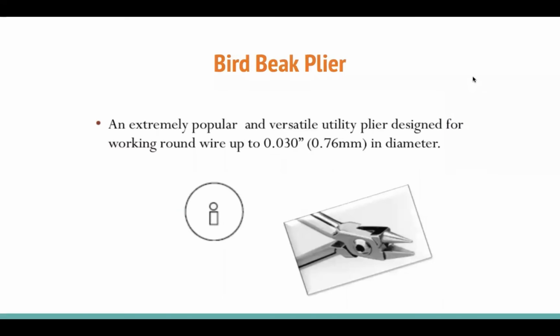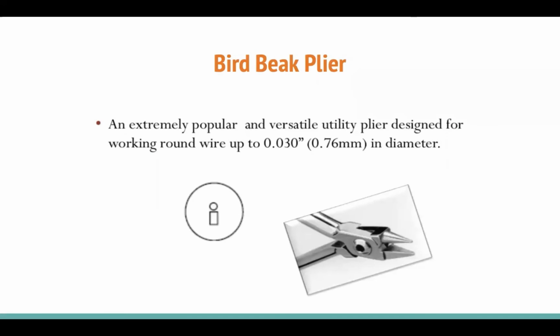Then the other important plier which we need to keep in the clinic is called a bird beak plier. Bird beak plier is an extremely popular and versatile plier, and it is designed for working round wire up to 0.03 inches in diameter.